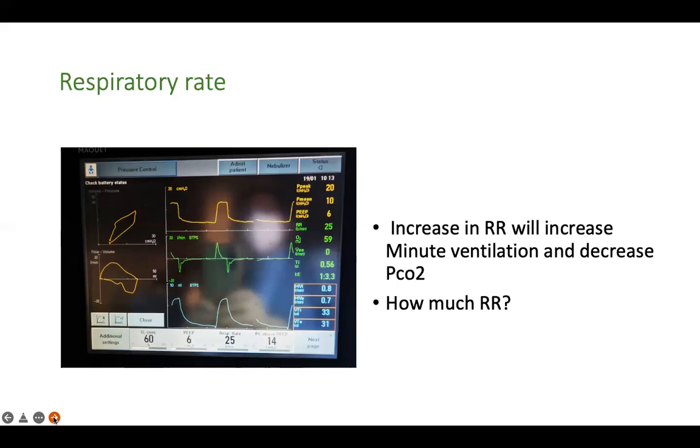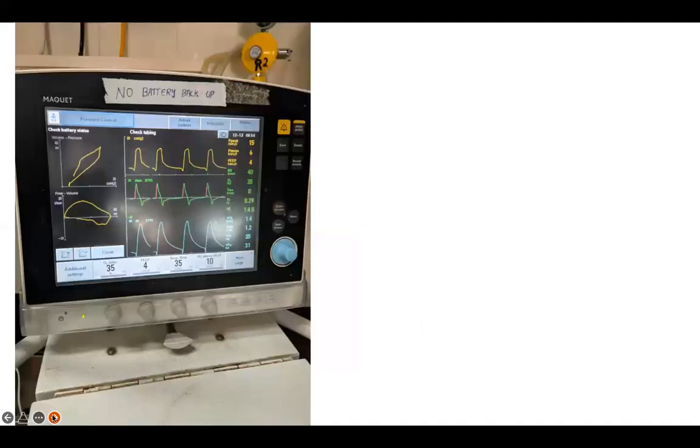And what about increasing the respiratory rate? Right, increase in respiratory rate will increase the minute ventilation and decrease the PCO2. You are right. But how much respiratory rate do you want to increase to bring down the PCO2? Now, our child was on a respiratory rate of 25 per minute. So the resident immediately, on seeing the blood gas, increased the rate from 25 to 35.